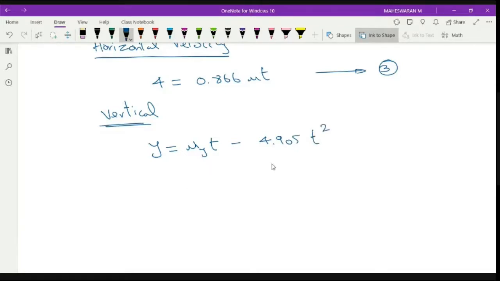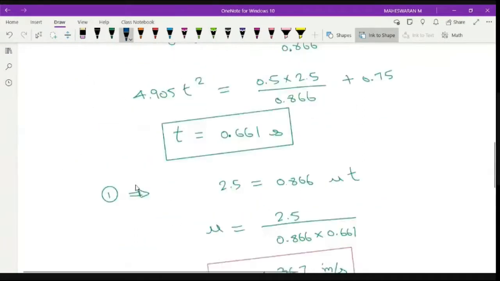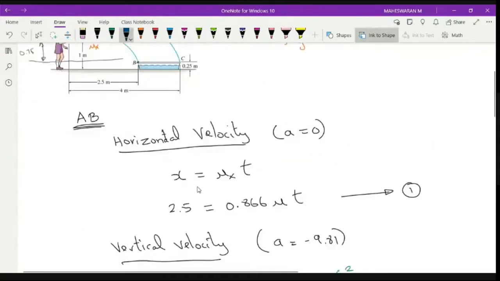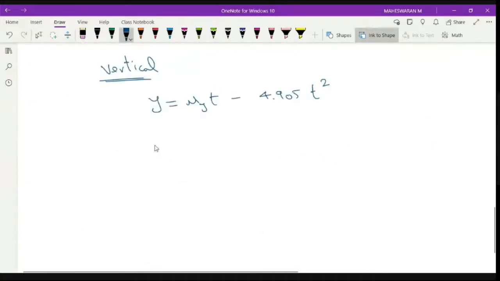You know that there is no change in your y, so your y distance is again minus 0.75. So minus 0.75 is equal to 0.5 ut minus 4.905 t square. Let me consider this as equation 4.